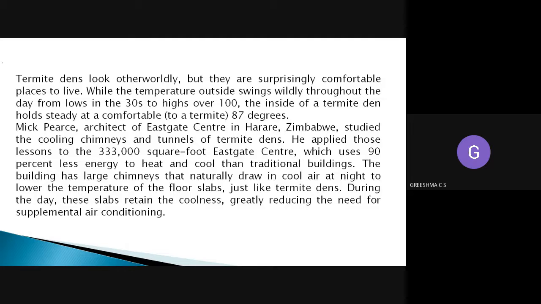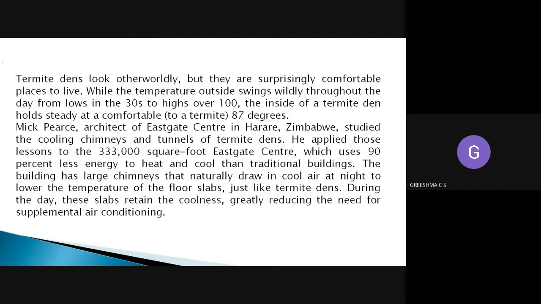That is, during the night time it will draw the cool air from the atmosphere. This termite den has large chimneys, and these large chimneys will take cool air during the night time. This air will be used to cool the floor slabs, and throughout the day coolness will be acquired throughout the building.